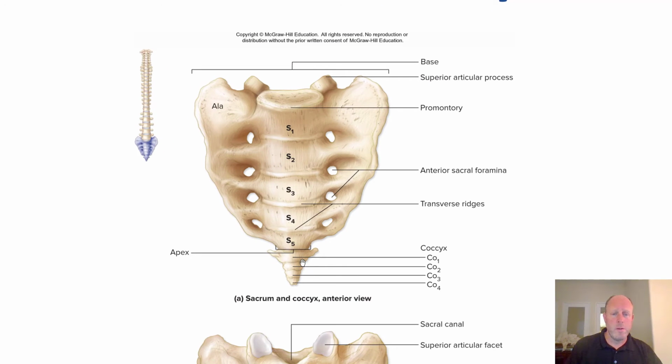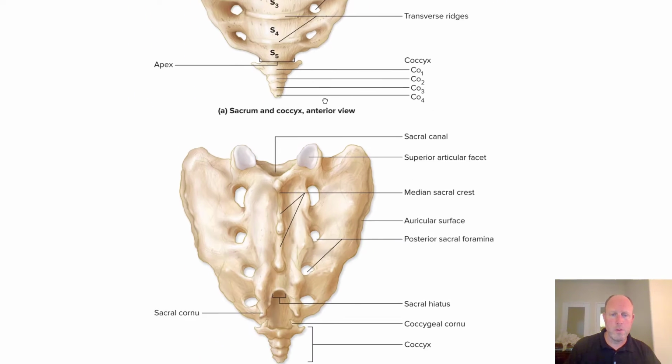So taking a look here, seeing our sacrum here, S1, S2, 3, 4, and 5, as you descend downward, the ala is here. This is the base overall here, a promontory here, promontory process. The anterior sacral foramina openings there, the transverse ridges, right? And then we have the apex here, the base here where the coccyx meets it, where we have CO1, CO2, CO3, CO4.